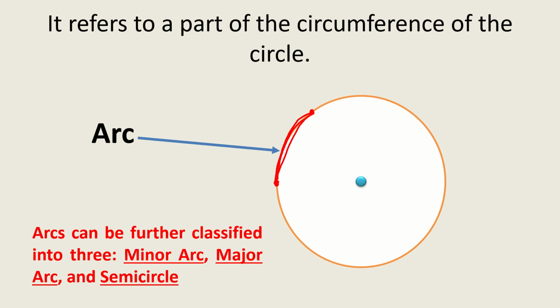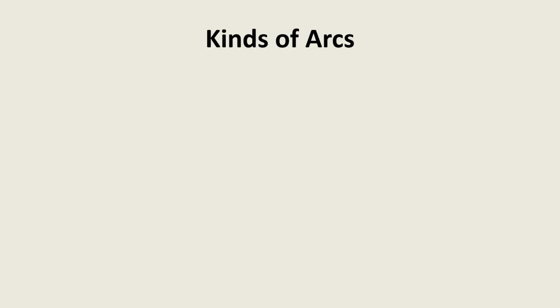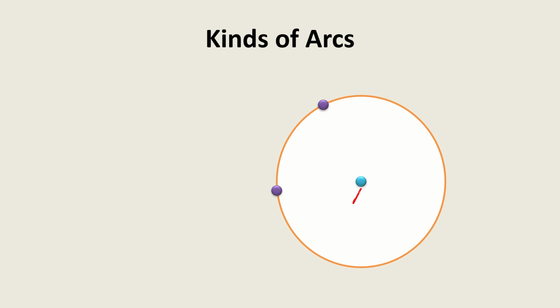What are the differences between those three? Let's have the definitions, the kinds of arcs. This is a circle. Let's say this is circle A, because again, we name circles using the letter of the point at the center.